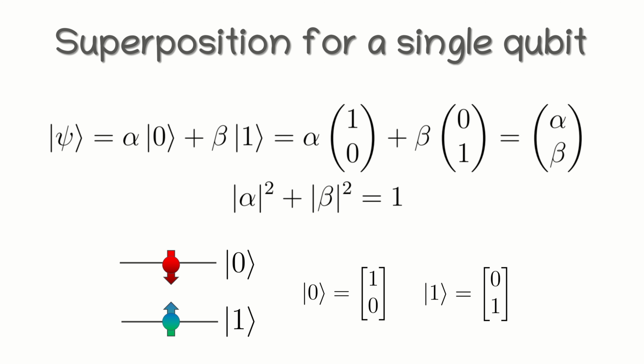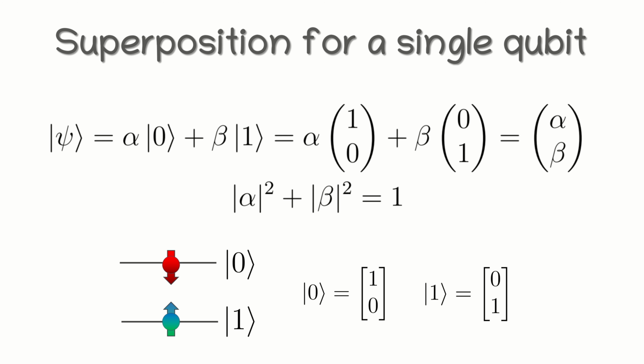Mathematically, a qubit in a superposition can be represented in the following way, where alpha and beta are complex numbers, and alpha squared plus beta squared is equal to 1, ensuring that the probabilities of measuring state 0 and state 1 add up to 1. Complex coefficients alpha and beta are called amplitudes.